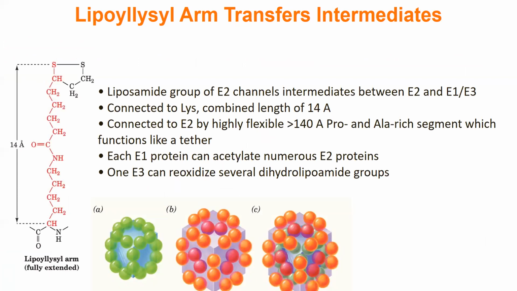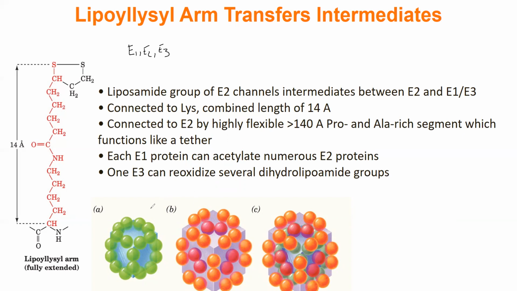So we just have a few more things to cover about the PDH complex. One of those is how does our substrate move between our different enzymes? If you remember, the PDH complex, pyruvate dehydrogenase complex, is made out of 3 enzymes, E1, E2, E3.